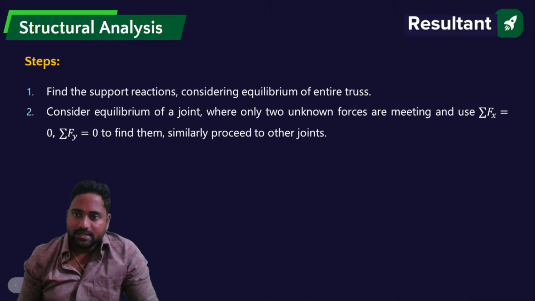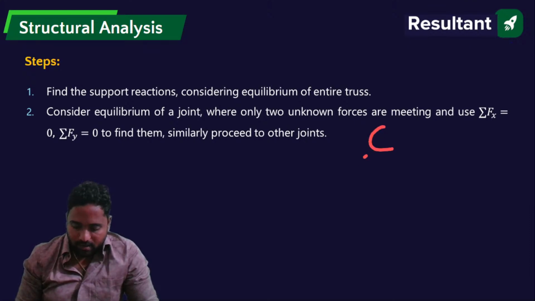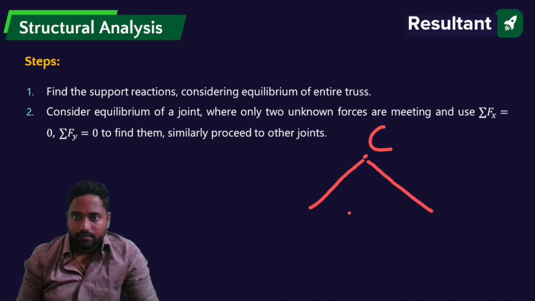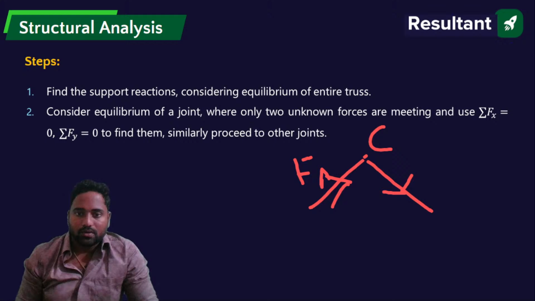Once that is done, if I take any joint, let us say point C, there will be two unknown forces. These two forces, as I previously said, are FAC and FBC.